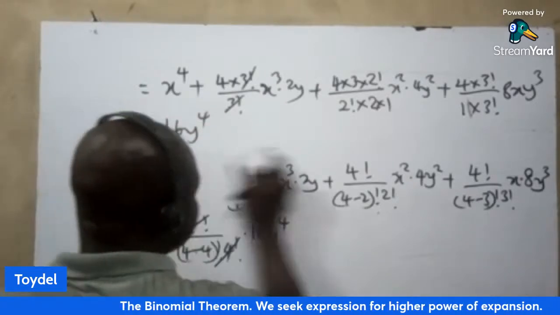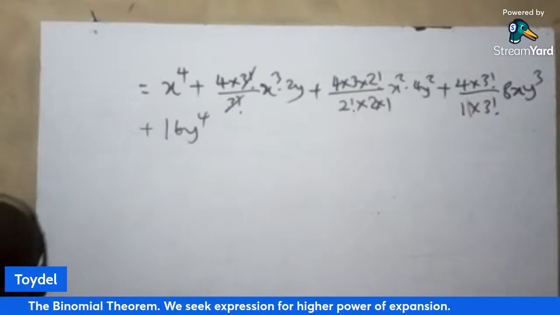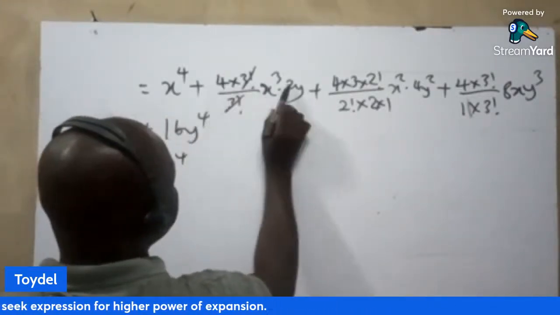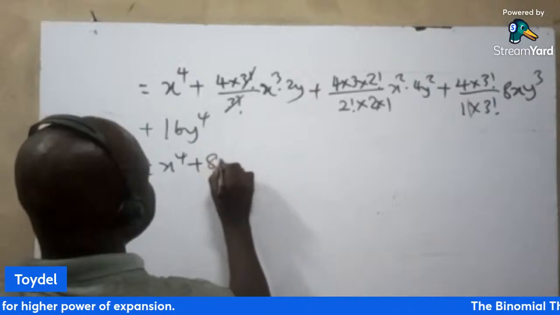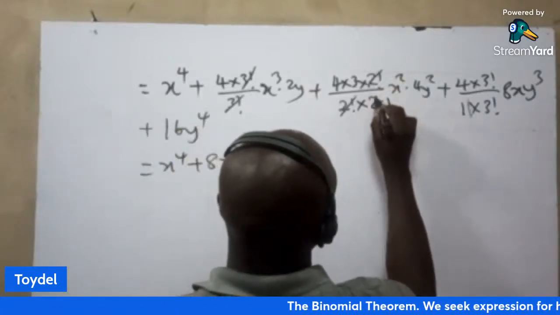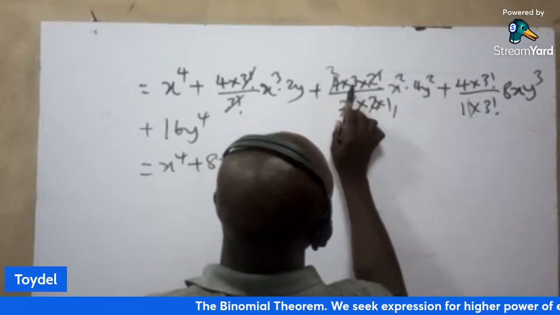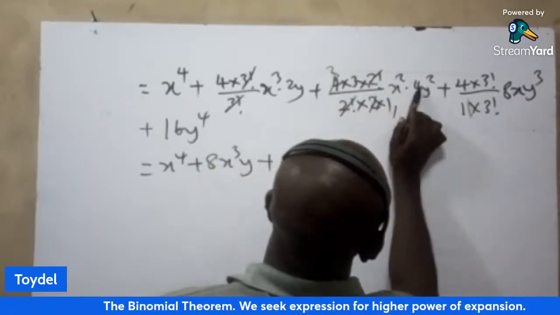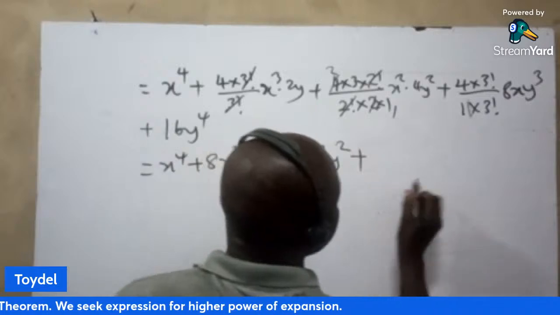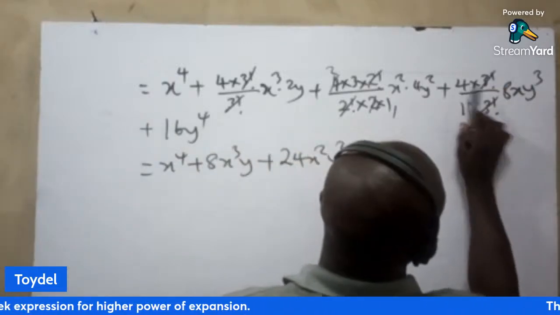So if I expand this further, I'm going to get s raised to power 4. Here now, this is 4 times 2, 8, plus 8s cubed y, plus here now, 2 factorial cancels 2 factorial, 2 here 1, 2 here 2, 2 times 3, 6, 6 times 4, 24. I'm going to get 24 s squared y squared, plus here, 4 times 8, 32.